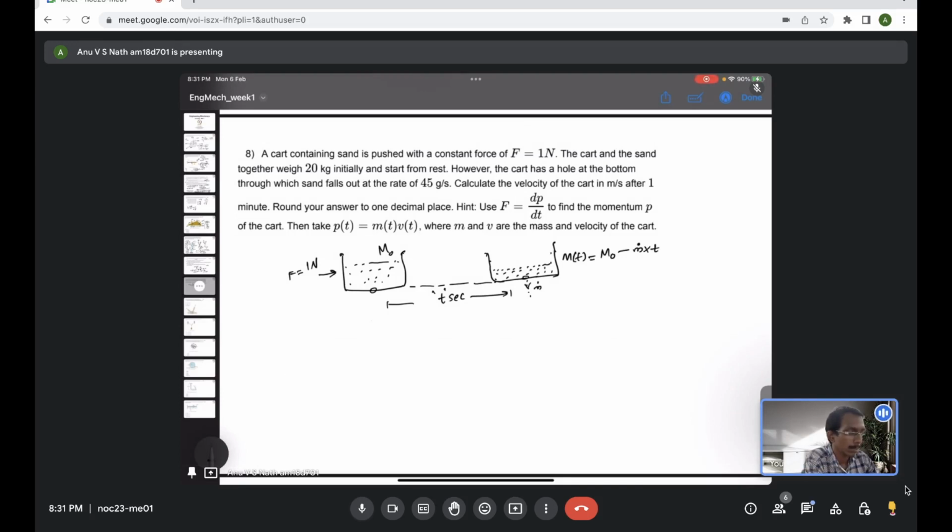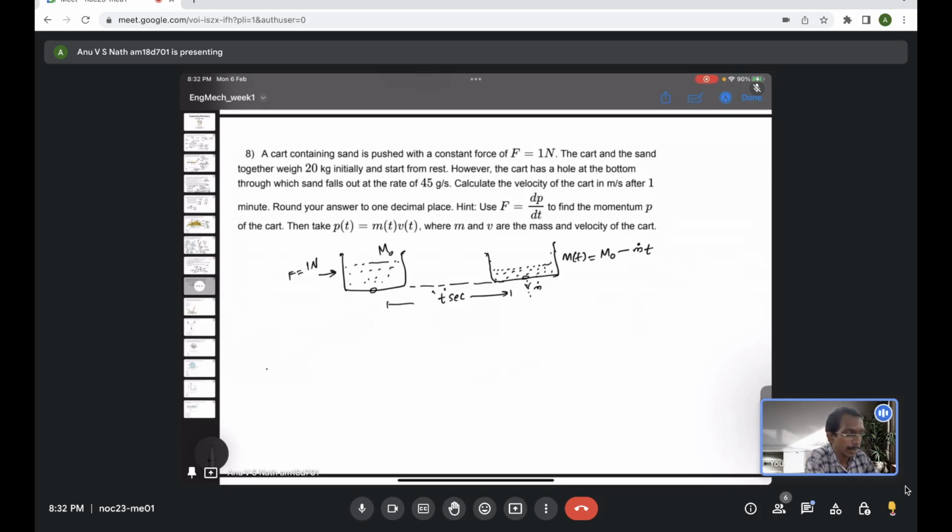So this much mass will have leaked out, and you will only have the remaining mass for this system. So this is a linear function of time. At any time the mass of the system will be M0 minus m dot times t. This is the actual scenario we are looking at.